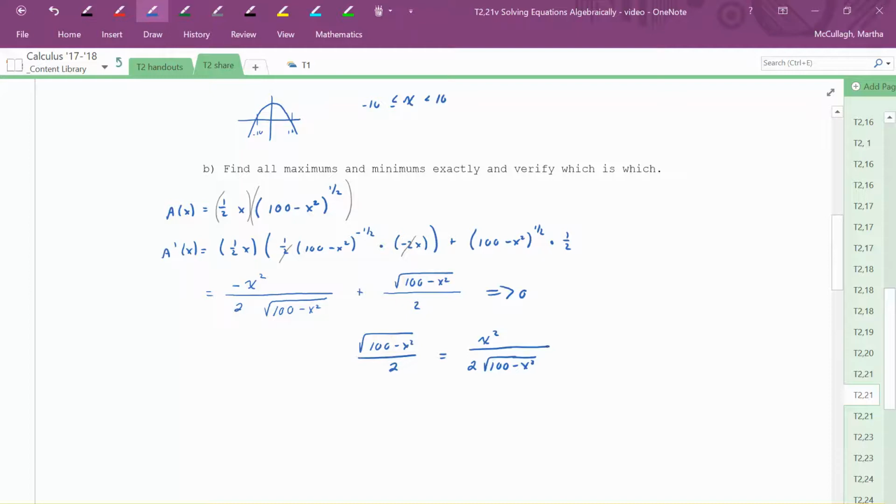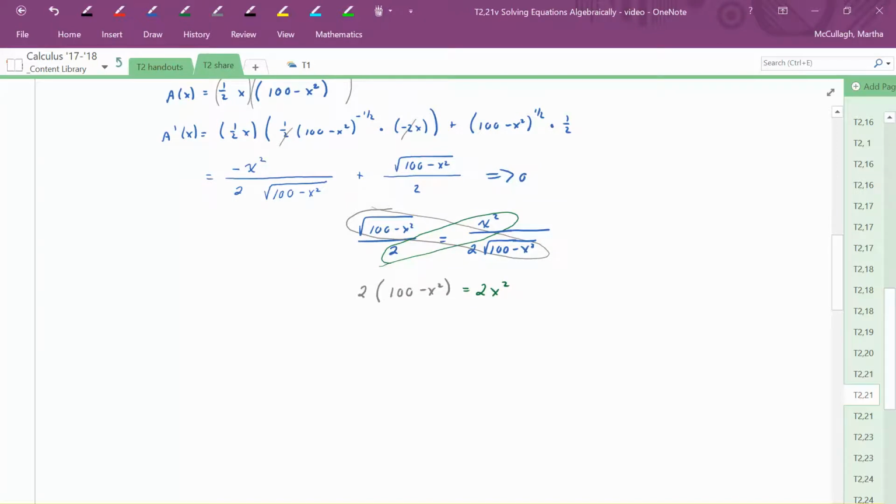And then cross multiplying, I have the same radical, so I've got 2 times square root of itself is going to be just that 100 minus x squared. And on the other cross, if I cross multiply, I end up with 2x squared.